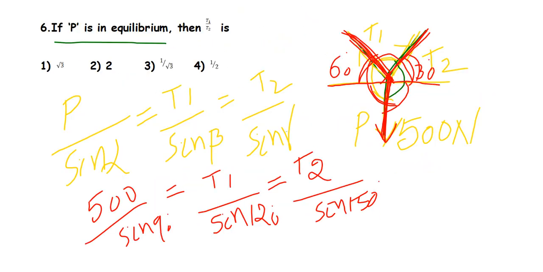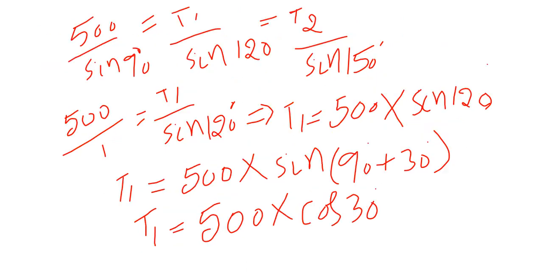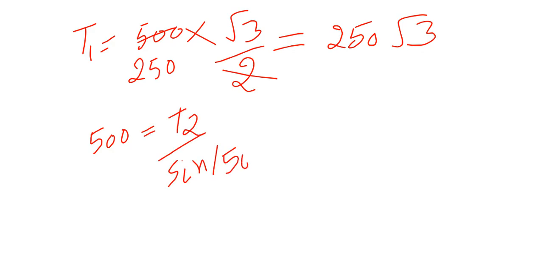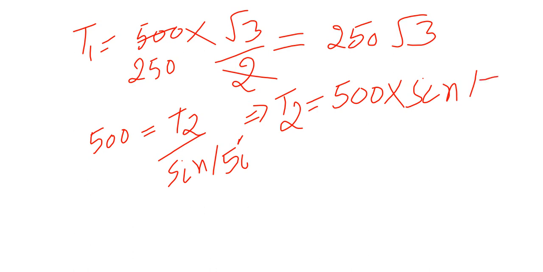Next, 500 is equal to T2 by sin 150 degrees, which implies T2 is 500 into sin 150 degrees.